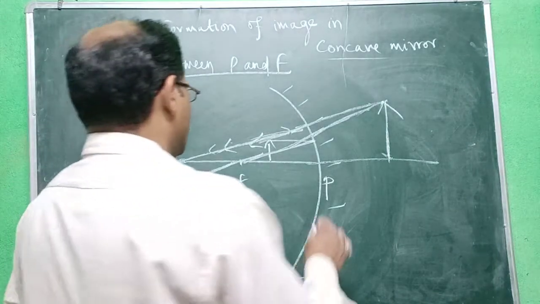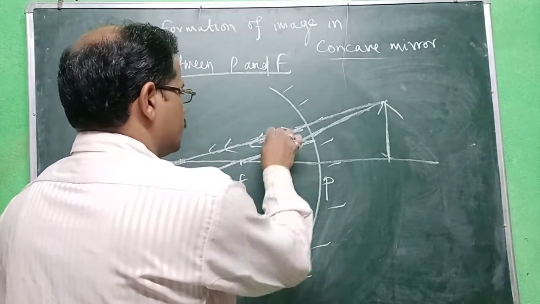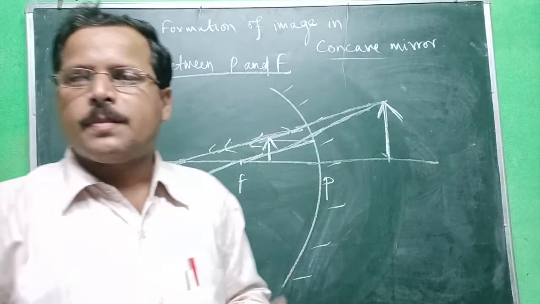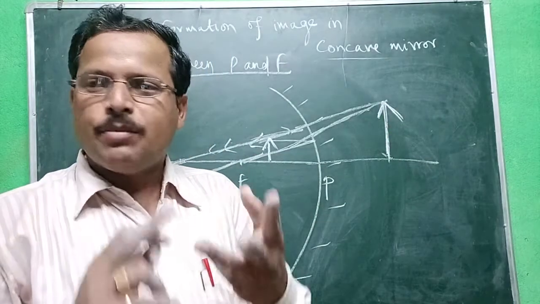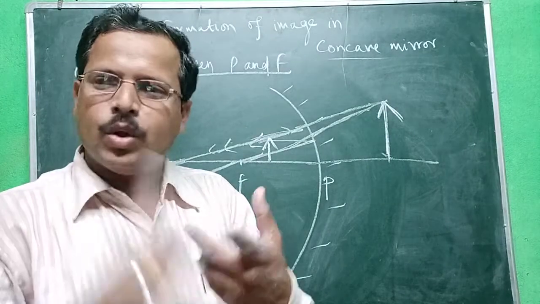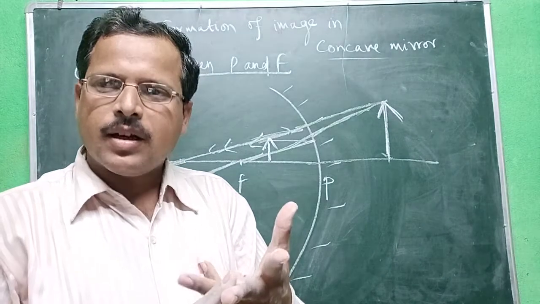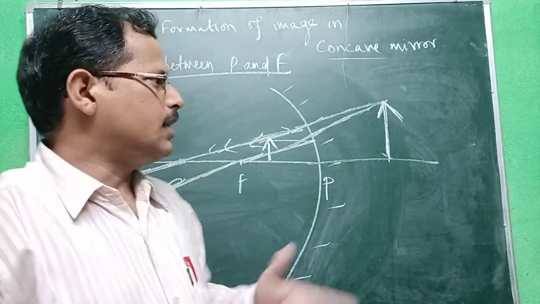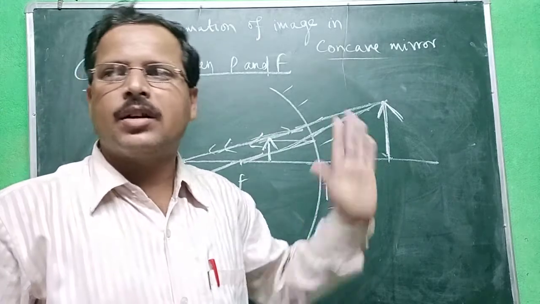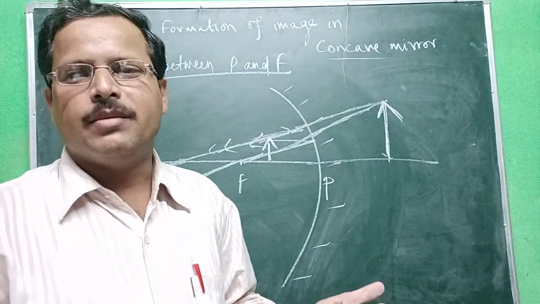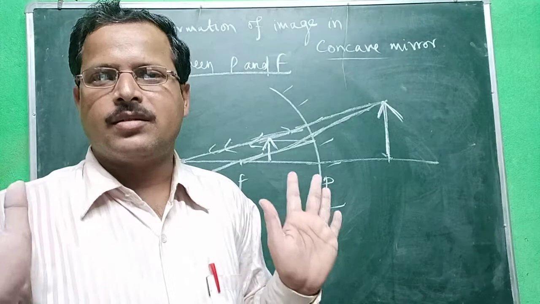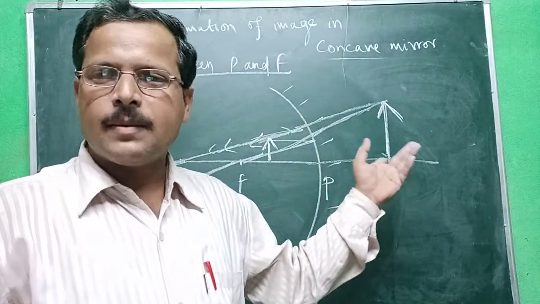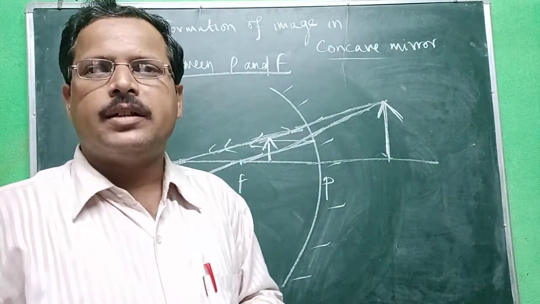You see here, what are the 3 points? One is position, nature, and size. Position: where is the image? The image is in the back side of the concave mirror. That means a virtual image, no real image here. Nature: virtual image.